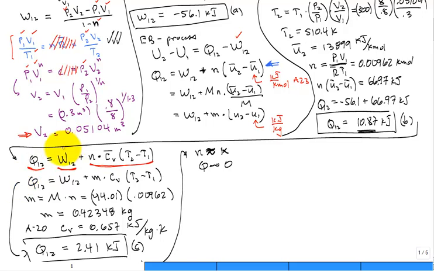Well, when they're comparable, a small difference in the estimation of the change in internal energy makes a big change in Q.